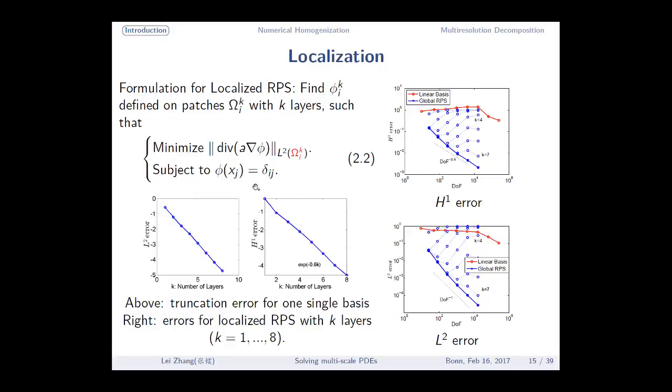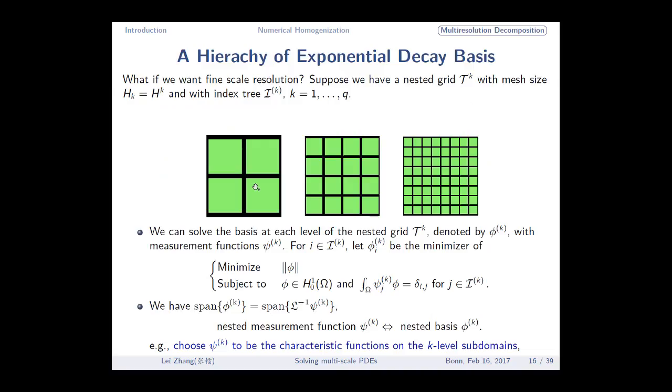So that's the saturation, basically. If you have a fixed degree of freedom, you can only get order H accuracy. So that's the H1 error and that's the L2 error. So that's basically if you have the L2 right-hand side and you can get this error controlled by order H.